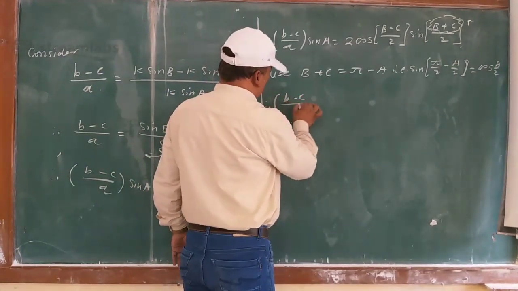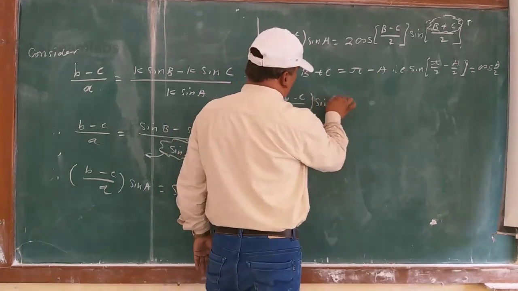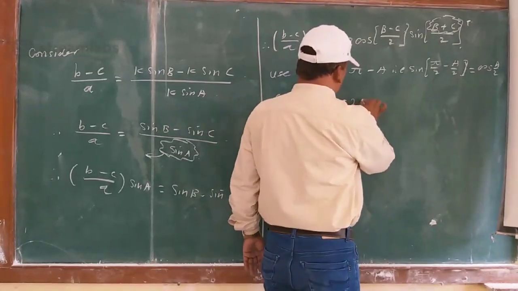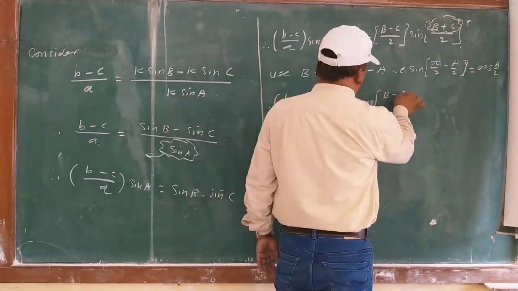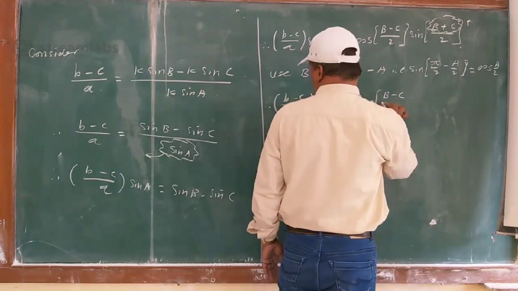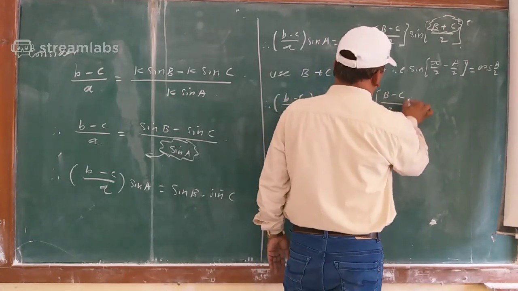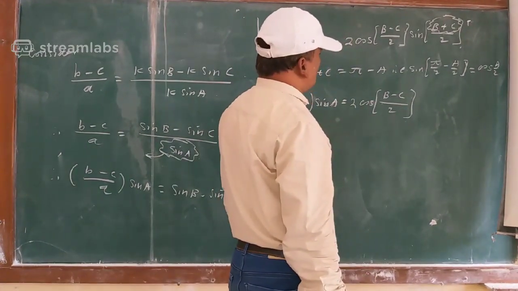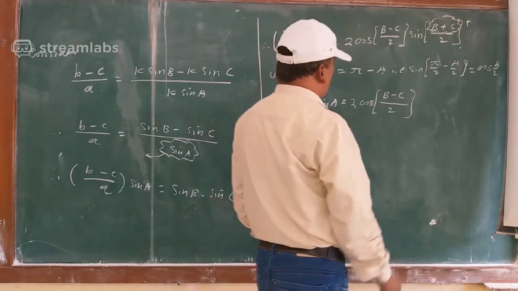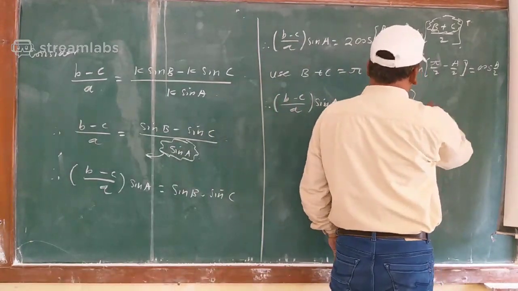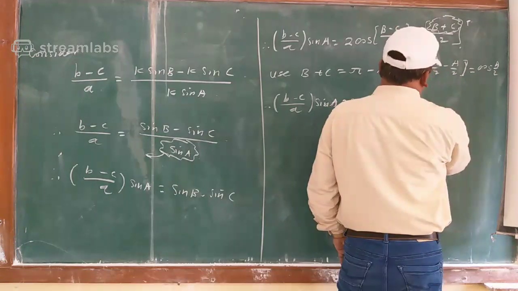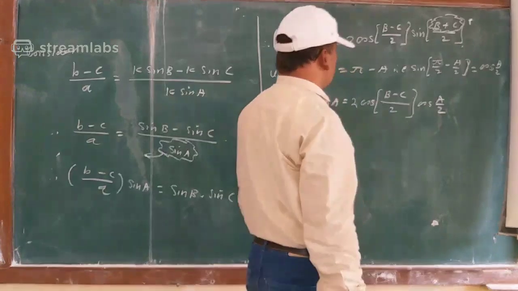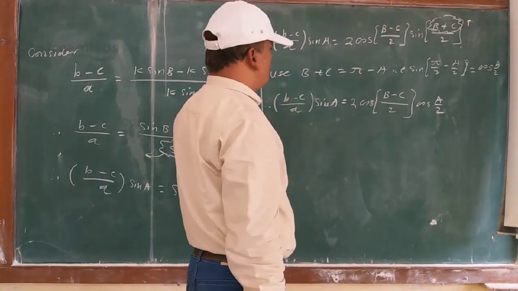Therefore, (B minus C) upon A sin of A equal to 2 times cos of (B minus C) upon 2 into, now see, sine means cos of A by 2, cos of A by 2.